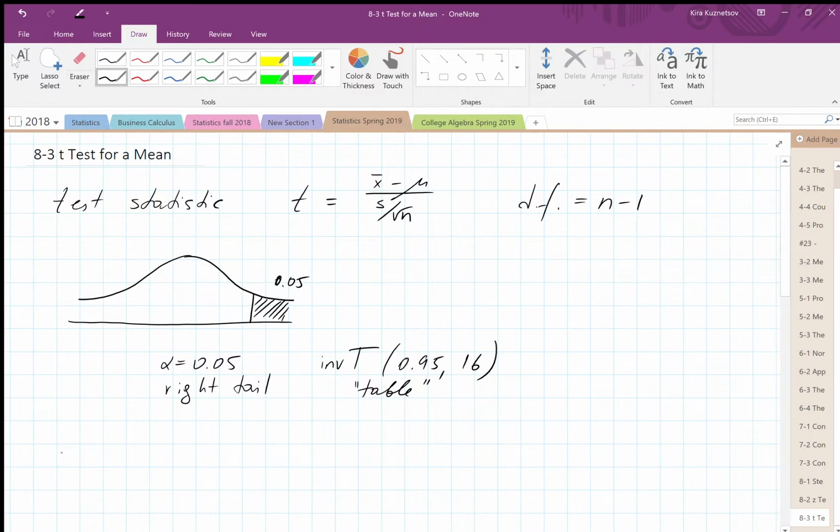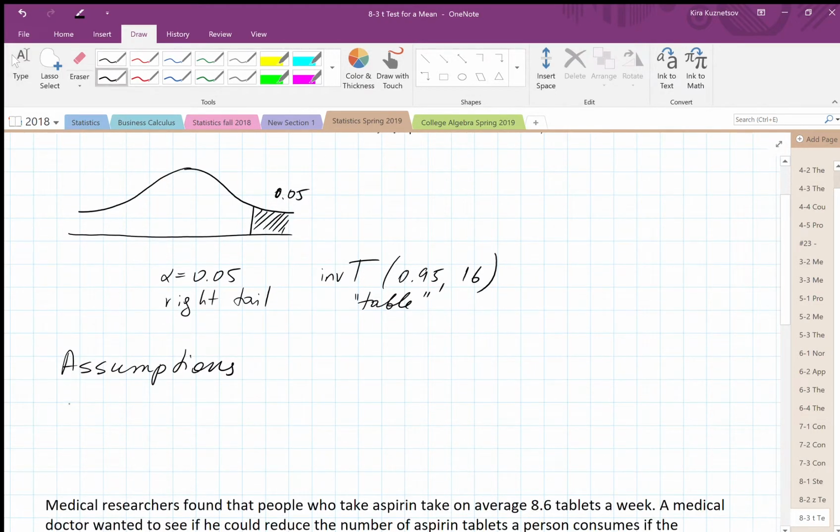The assumptions for using a t-test: a random sample, and n is greater than 30, or you must have a statement of normal distribution.